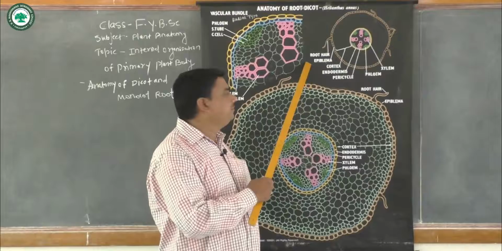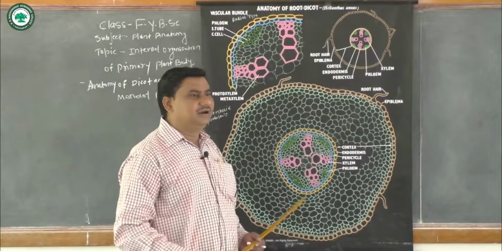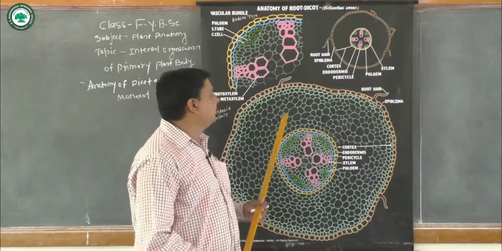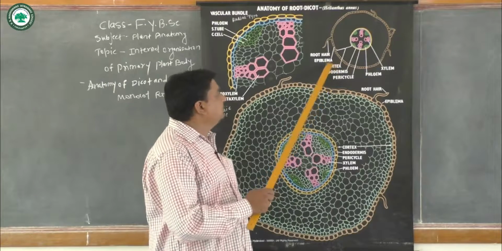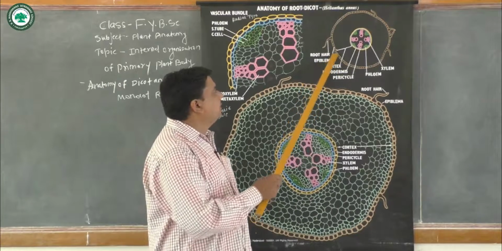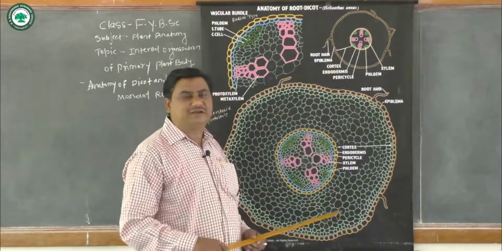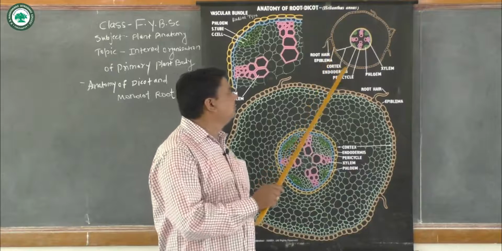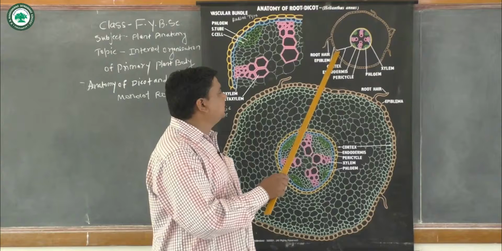The outermost part of the ground plan we call the epiblema, or sometimes the rhizodermis. Epidermis, or what we call the rhizodermis or epiblema. On the surface of the root, unicellular hairs are present above the epidermis.